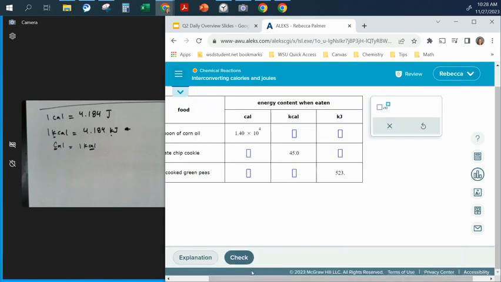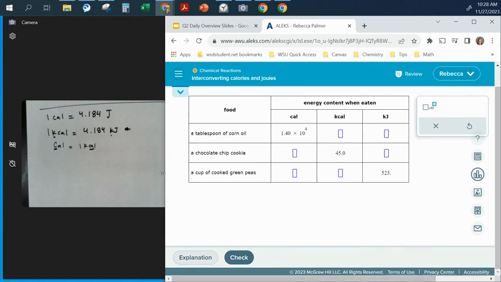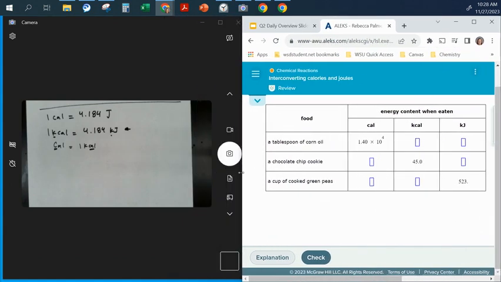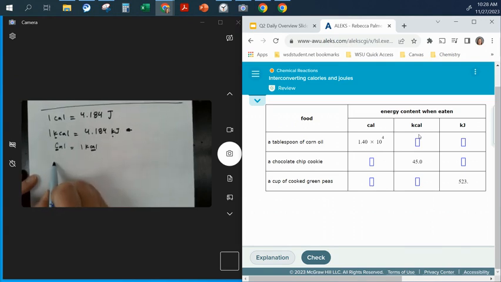So this is just a conversion question, so not too tricky, just converting between these. This is how it will also be on the test. So the first one says a tablespoon of corn oil is this many calories. We need to convert it to kilocalories. So this part is pretty straightforward. We are just going to go from calories to kilocalories, so we're just going to divide by 1,000. So let me write this down. We have 1.4 times 10 to the 4 calories.